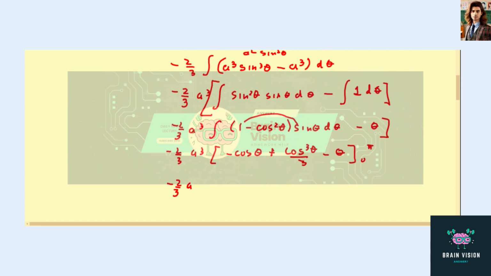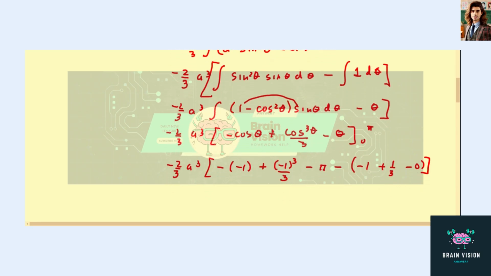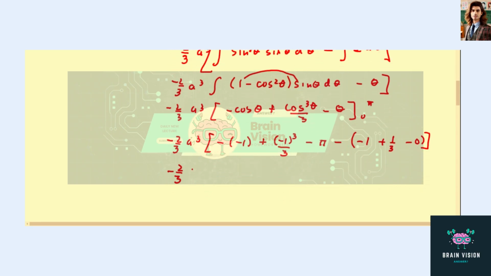Minus 2/3 a cubed times minus 1 plus minus 1 cubed over 3 minus pi, minus the cosine of 0, so minus 1 plus 1 cubed, 1 over 3 minus 0. Minus 2/3 a cubed, 1 minus 1/3 minus pi minus 2/3.